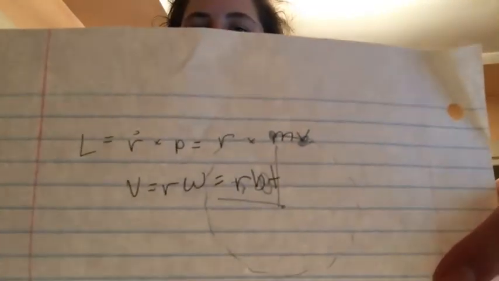So this is what we know so far. We can substitute this definition for velocity, and say that angular momentum is equal to the cross product of the radius times m r b t.